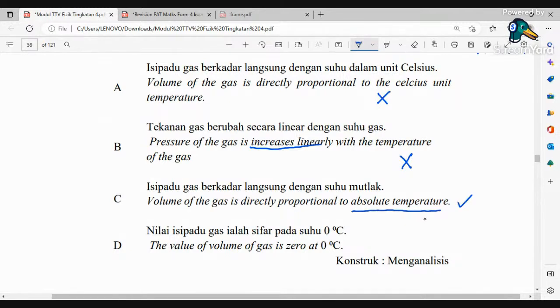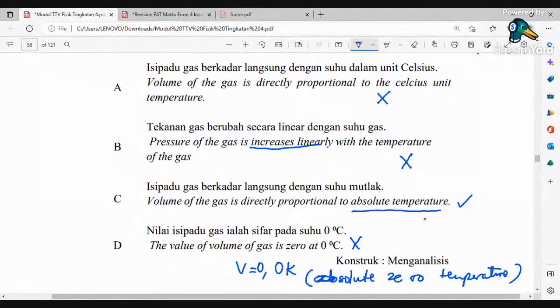Value of volume of the gas is 0 at 0 degrees Celsius. No, it should be 0 at 0 Kelvin. V is 0 at 0 Kelvin, we call it absolute zero temperature. Ini lain. Maksudnya 0 Kelvin bukan 0 degree Celsius. V0 bila 0 Kelvin. So answer ialah C.